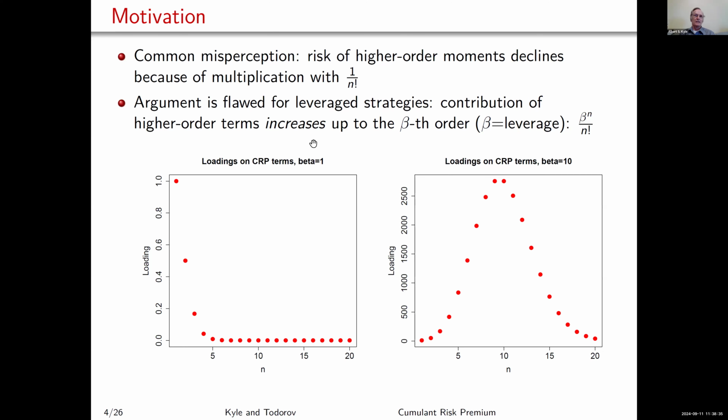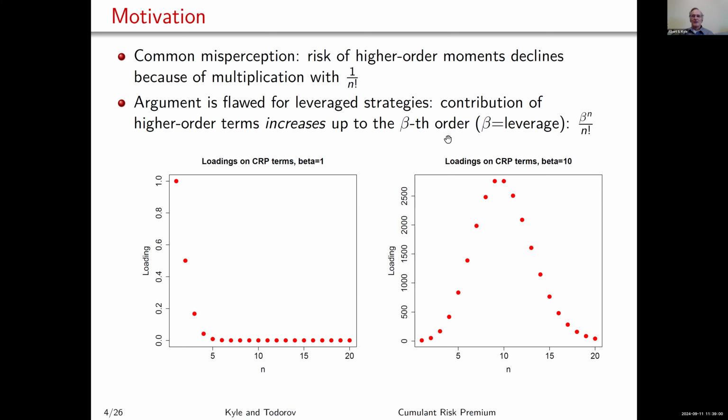Okay, so I'll go to the next slide. There's this common misperception that when you do some kind of Taylor series expansion, not the log one I did on the previous slide, but a different one, you get these terms that involve 1 over n factorial. And it's a common misperception that because you get these terms involving 1 over n factorial, the higher order moments are just going to disappear. That's true if you're talking about a beta of 1.